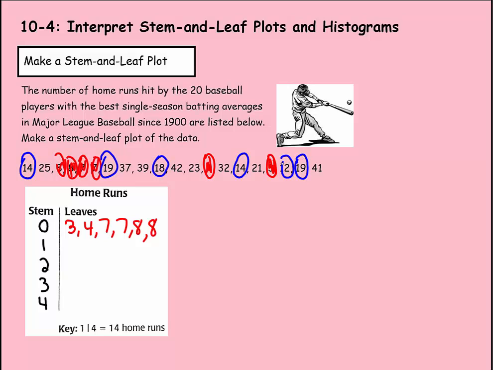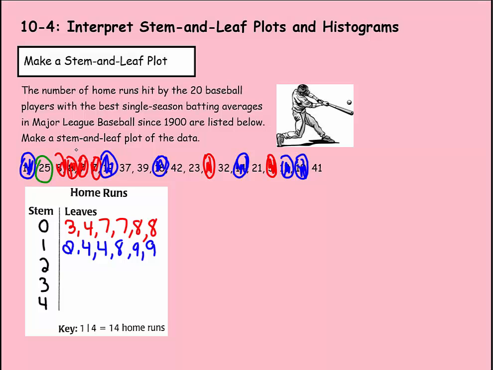So the lowest one is 12, so we put a 2 here for that because the stem is 1. Cross that off. That's followed by 2 14s, so a 4 and a 4. Then that's followed by the 18, and then we have the 2 19s to finish off that, so a 9 and a 9. Now let's look at the 20s place.